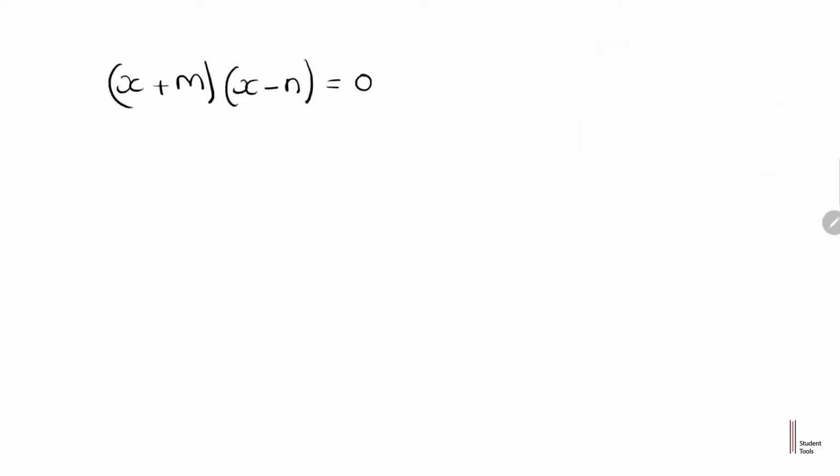All right, first step is we will take whatever is in the first bracket and have it equal to 0. So x + m = 0. Or take whatever is in the second bracket, have it equal to 0 as well. So that is x - n = 0.